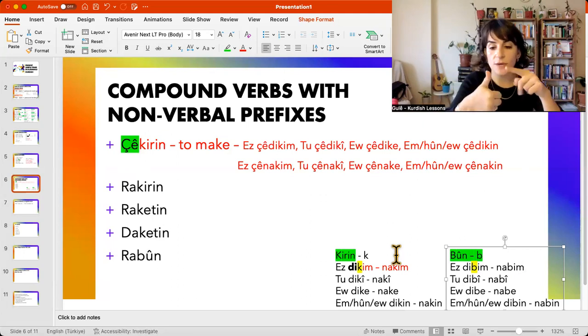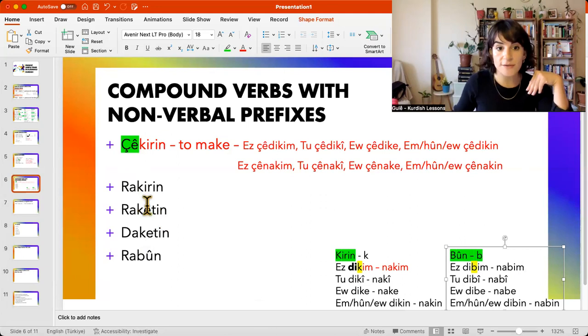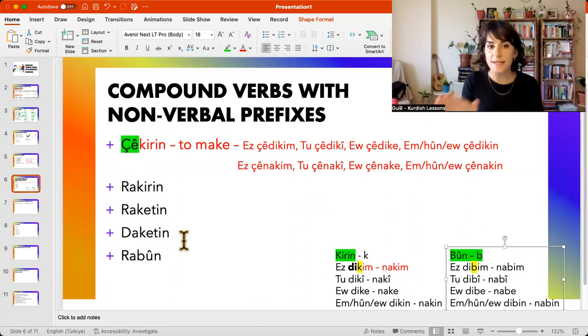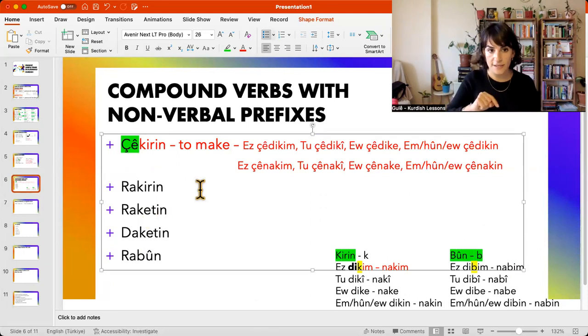So when you know kirin, how to conjugate it, when you know bun, when you know ketin, it's really easy to conjugate a compound verb. Okay? Now have a look at rakirin. So chekirin is to make, rakirin is to lift or carry. Oh yeah, it's more like carrying, rakirin.